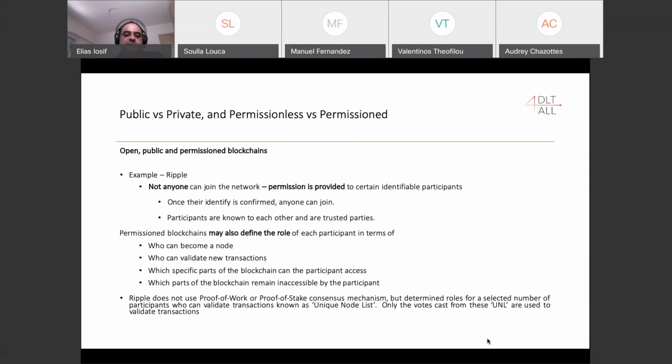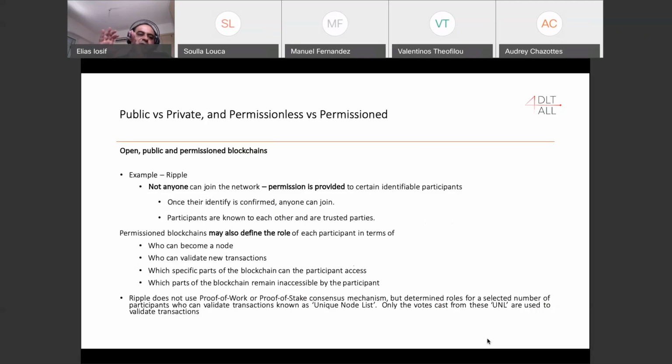Now, Ripple is a different type of network where permissions are required in order to join the network. So this is a different use case.